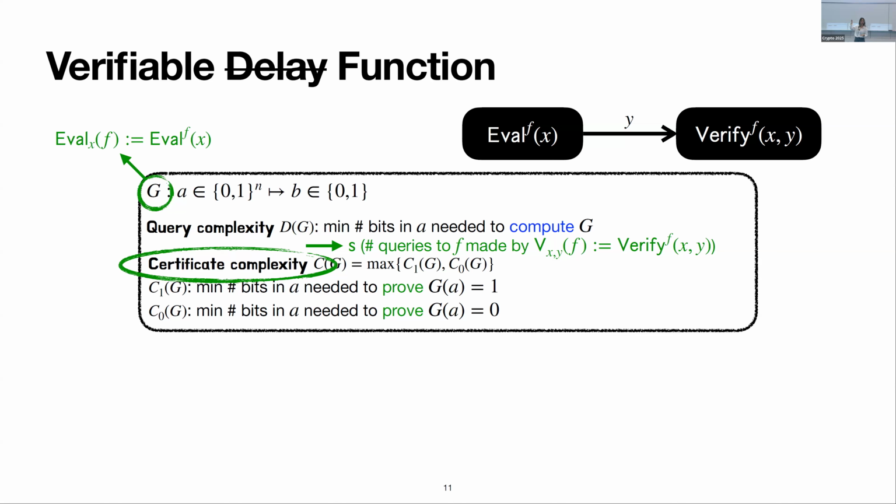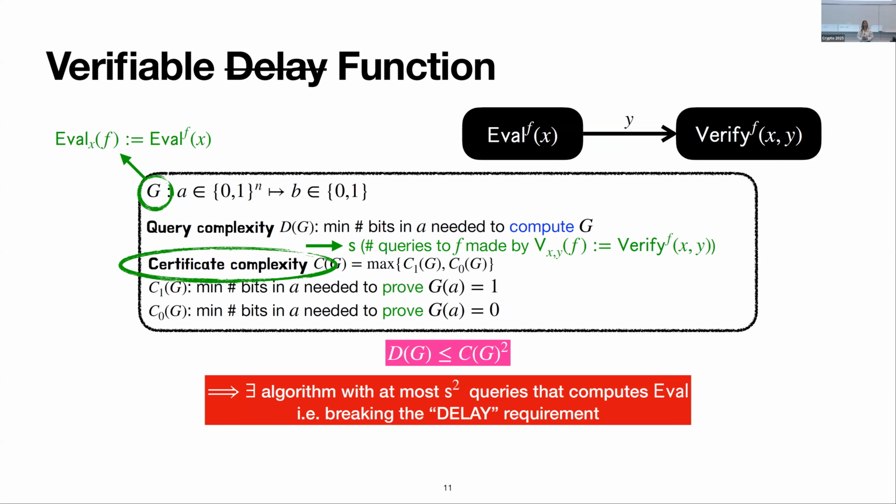So S is the certificate complexity of this eval function. And then magically, using the relationship established before, we know that there exists an algorithm with at most S² queries that computes eval, meaning that we break the delay requirement of VDF.